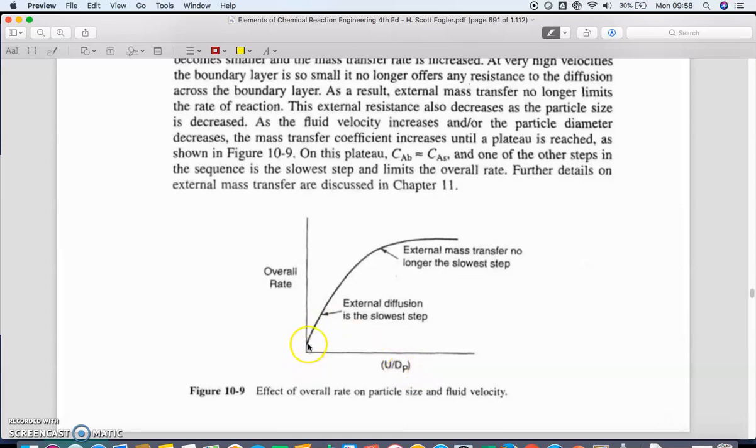So when external diffusion is the limiting step, when you increase your velocity, your overall rate will also increase, until up to a certain point when velocity no longer affects the reaction rate, or the mass transfer rate.